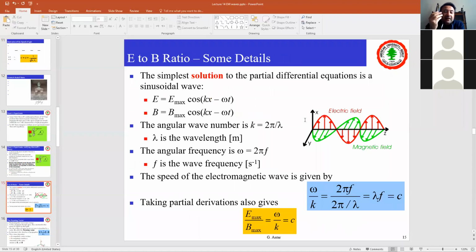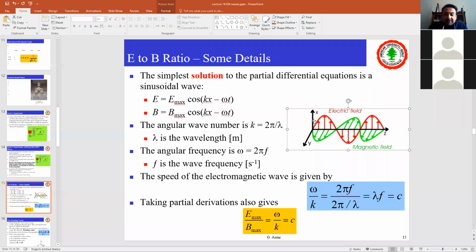So we have now an oscillating electric field and an oscillating magnetic field. Both have two properties. You can see that kx gives me the oscillation in space, and omega t gives me an oscillation in time.